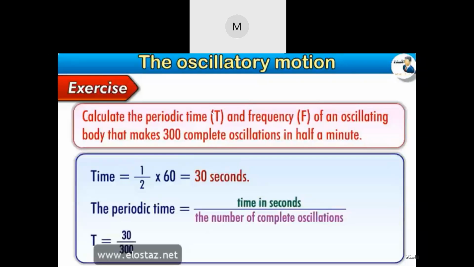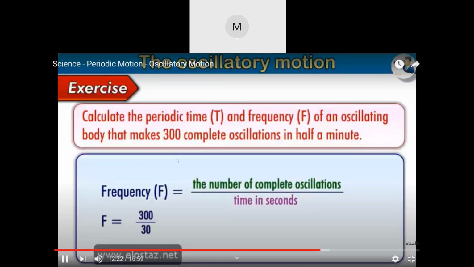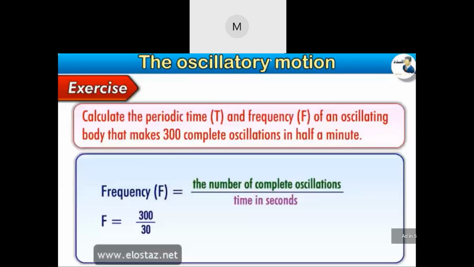T equals 30 over 300 equals 1 over 10 equals 0.1 second. Frequency, F, equals the number of complete oscillations over time in seconds. F equals 300 over 30 equals 10 Hertz.